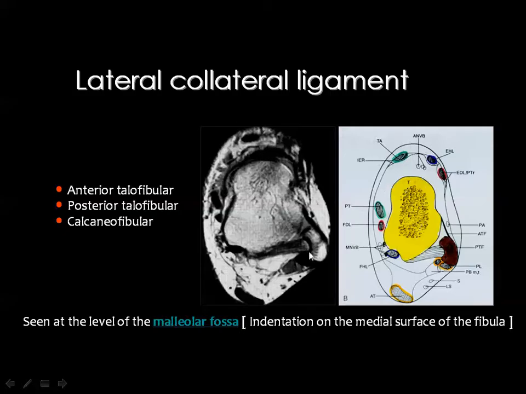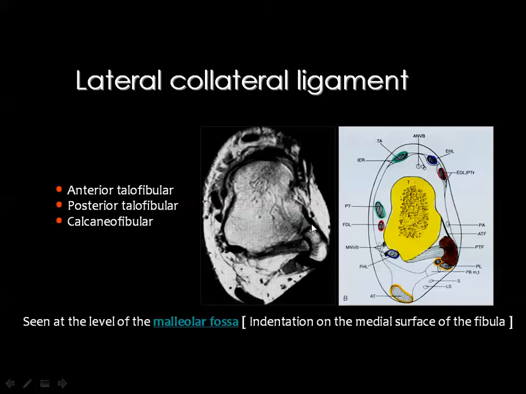If you look anteriorly, you see this line, and this is the anterior talofibular ligament. The calcaneofibular ligament is not seen in its full thickness in the axial images, but it's important to identify the posterior talofibular and the anterior talofibular.